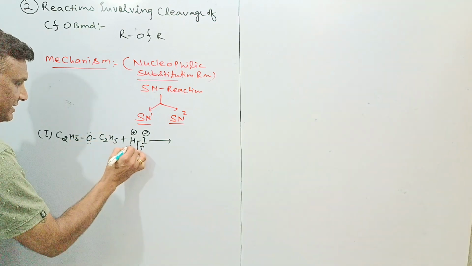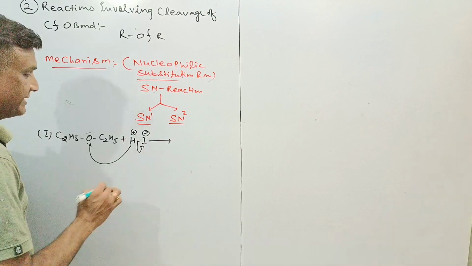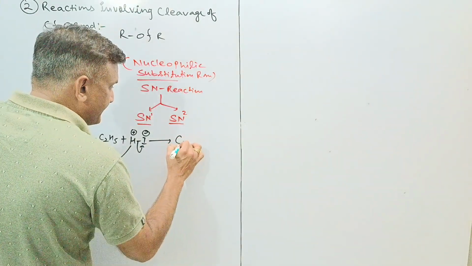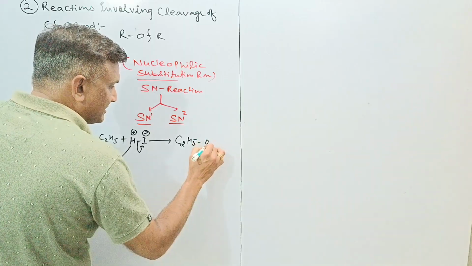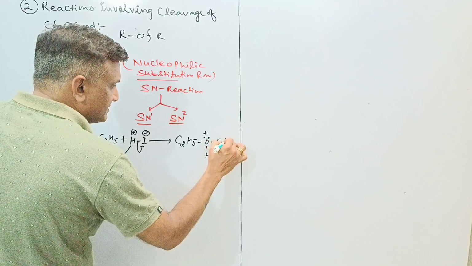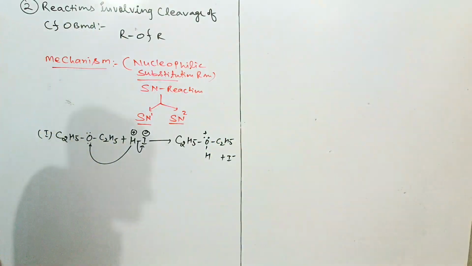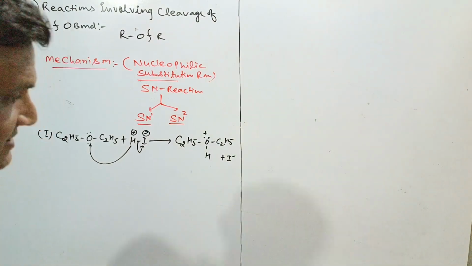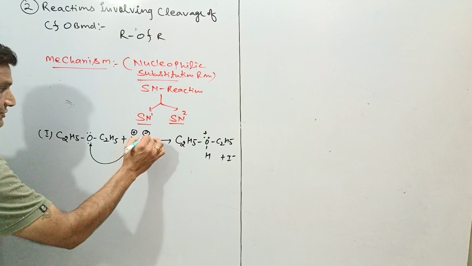This hydrogen will attack the oxygen to gain electrons. So here will be the formation of oxonium ion, or you can say protonated ether, like this. H positive charge, C2H5 with the I minus. This is just the first step. This is your fast step.